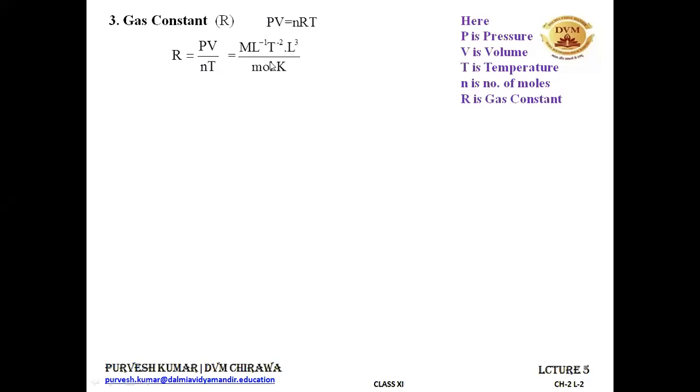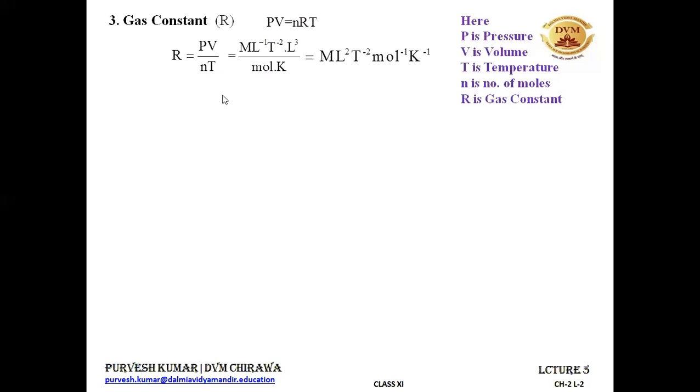Now when you solve it out, this mole and capital K go into the denominator, so they become mole inverse and K inverse. After solving this L minus 1 with this L cubed, it becomes L to the power 2, and T minus 2 remains as it is. So you are left with this.